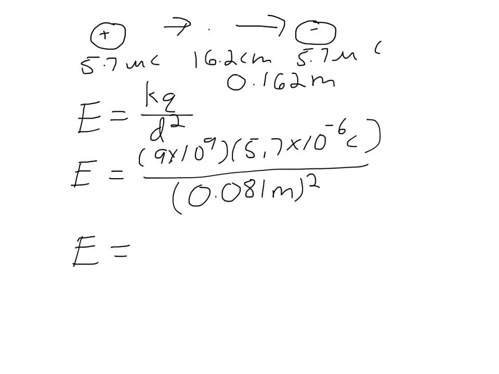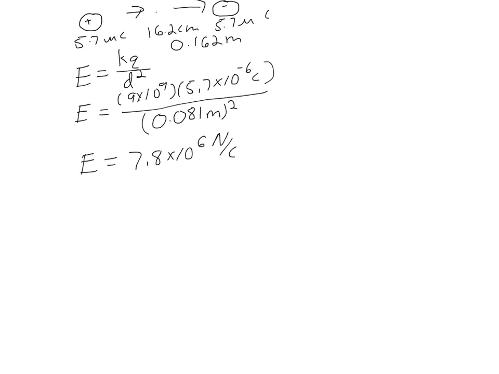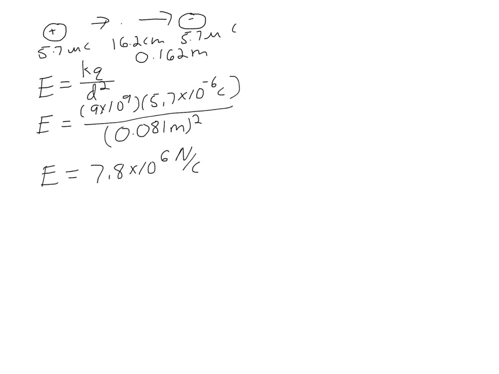So when we do that math, our electric field for one of them is 7.8 times 10 to the 6 newtons per coulomb. So now all you need to do is multiply that by 2, because they're both pointing in the same direction.